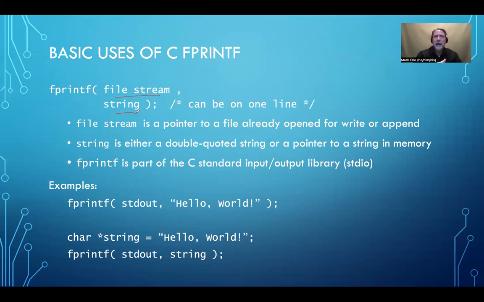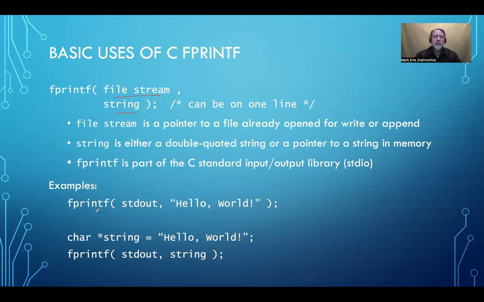And notice while I have this written on 2 lines, they can be on 1 line in your C source code file. The string is going to be either a double quoted string or a pointer to a string in memory. The fprintf function itself is part of the C standard input-output library referred to as standard IO or stdio.